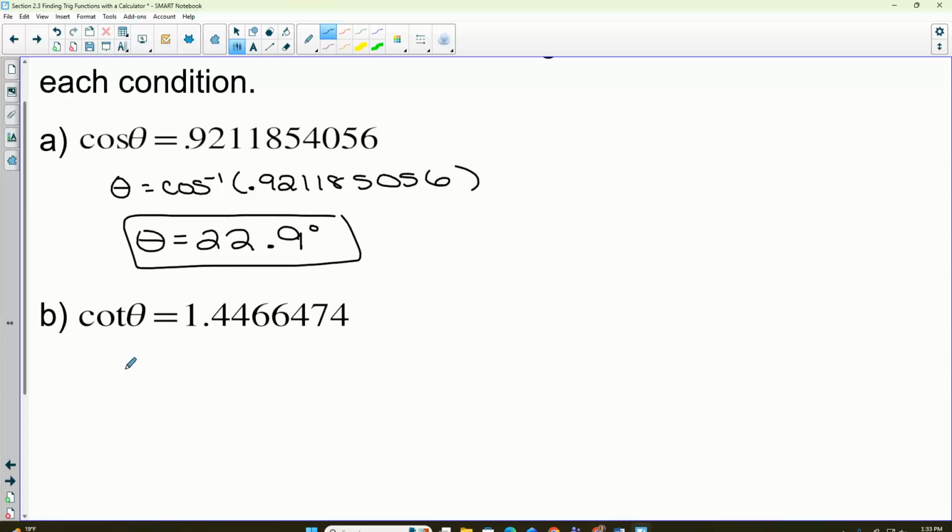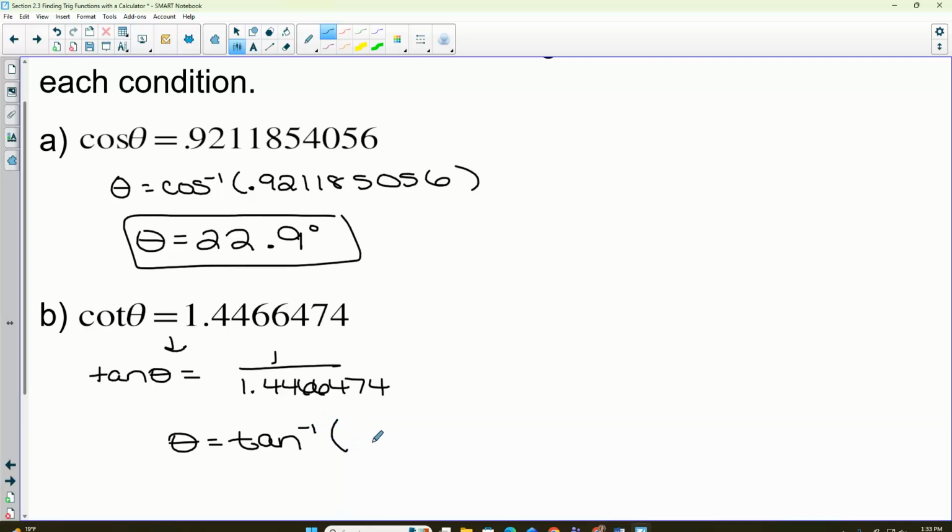Cotangent is the reciprocal of tangent. We do not have a cotangent inverse button on our calculator. So before I do anything, I have to rewrite it in terms of tangent. So that means tangent is 1 over this thing. So then if I'm finding my angle, I need to do tangent inverse.